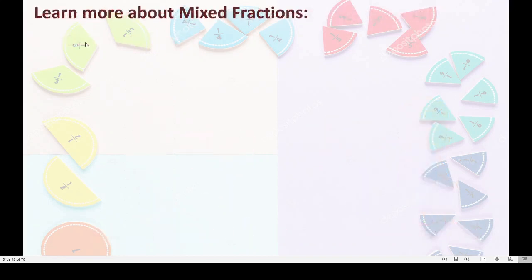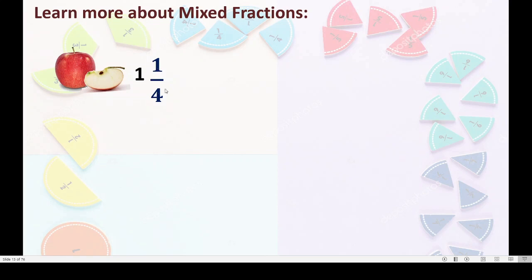Learn more about mixed fractions. Yes, you can see one whole apple and this is a quarter. You know this, correct? One whole, we will write one whole. And how to write the quarter part? 1/4, that is nothing but 1/4. You know this, correct?